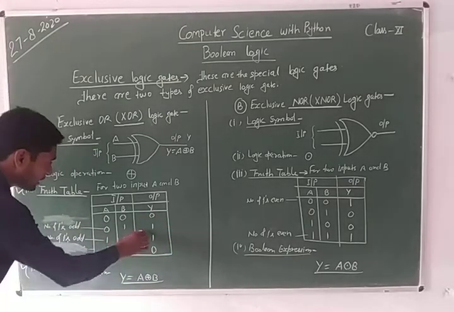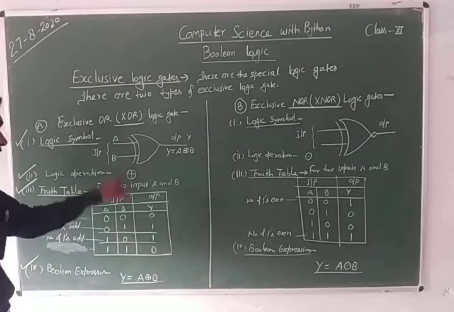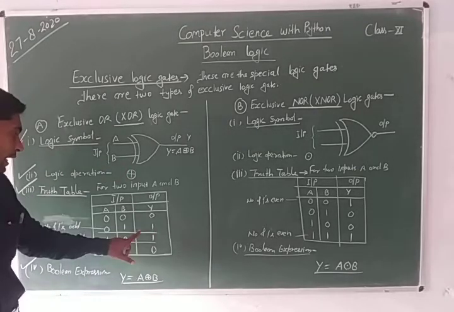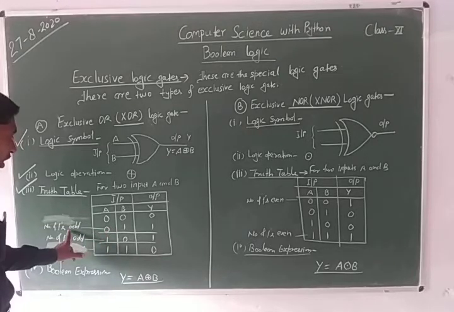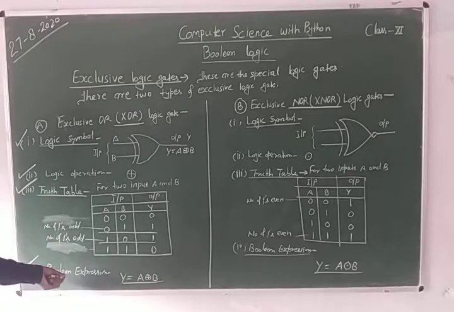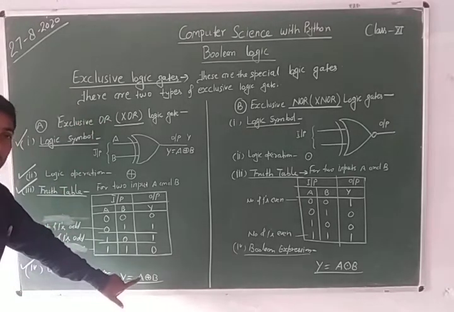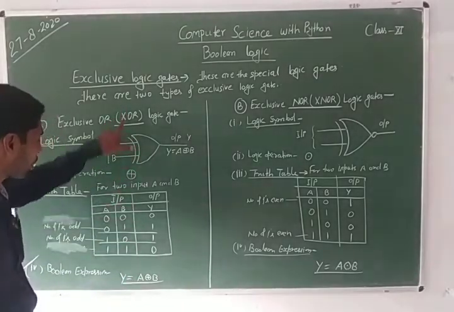Here look, in these two rows this gate produces output 1, and here the number of 1s is odd. The Boolean expression for XOR logic gate is Y is equal to A round plus B. Round plus is the XOR operation.